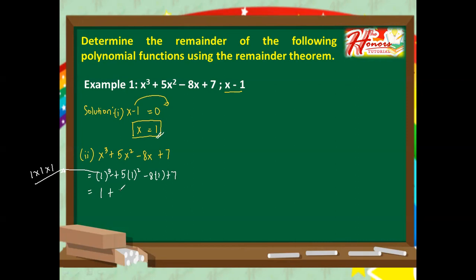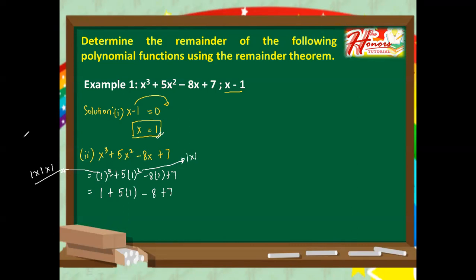Next, plus 5 times 1 squared is 1, because 1 squared is equal to 1 times 1. Again, your exponent, which is 2, tells you how many times to multiply the base by itself, and that is twice. Minus 8 times 1, that's 8, plus 7.